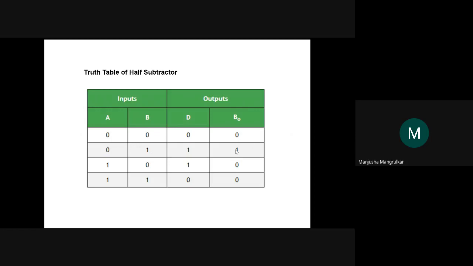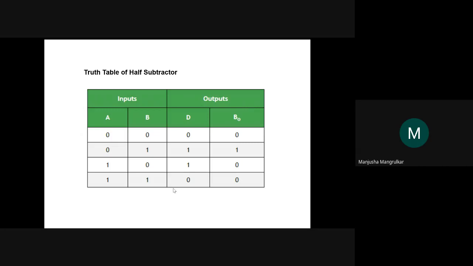If you are borrowing 1, the difference is 1 and your borrow is also 1, right? Here 1 minus 0, your difference is 1 and your borrow is 0, no need to borrow. 1 minus 1, your difference is 0 and your borrow is 0, right?